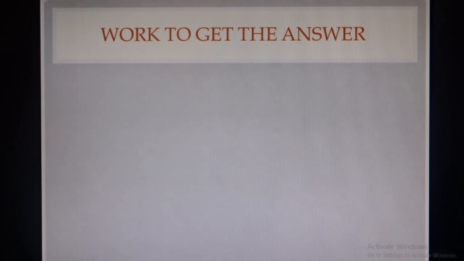Let's get the answer. We have 7x minus 19 is greater than or equal to 25. So we're going to undo the subtraction by adding 19 to both sides. Remember, we want to get the x piece by itself before we can undo the multiplication or the exponent that's happening to the x.